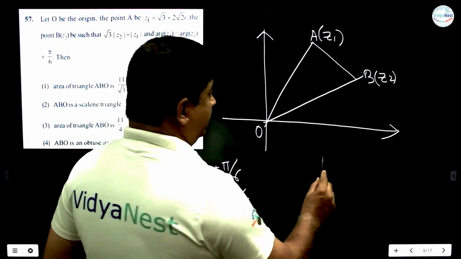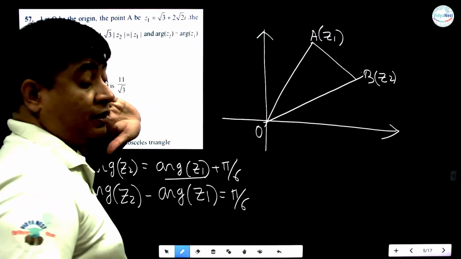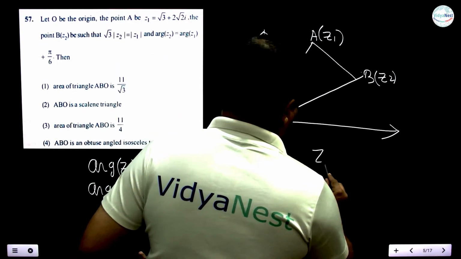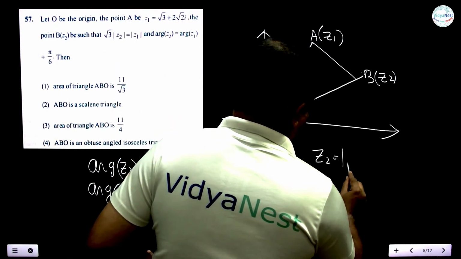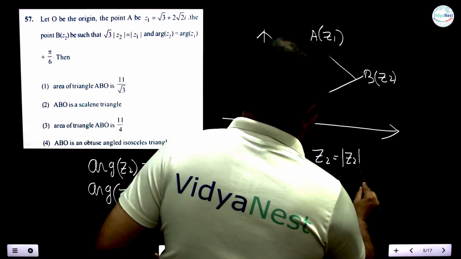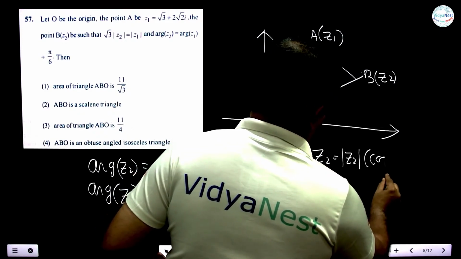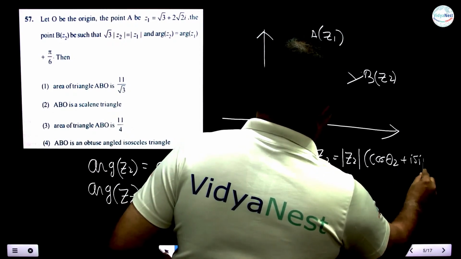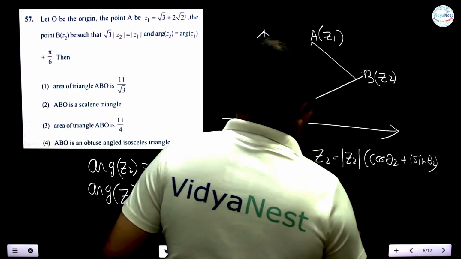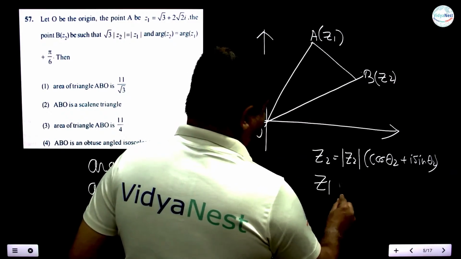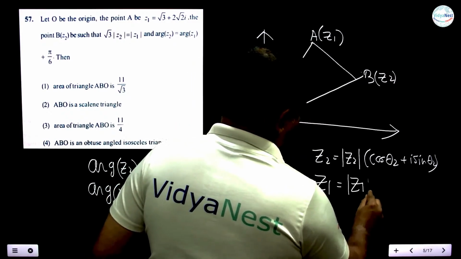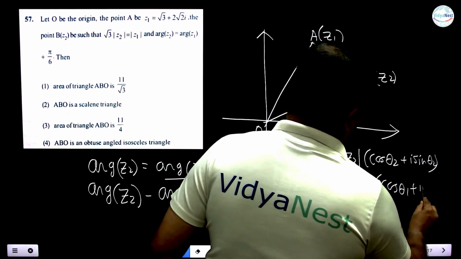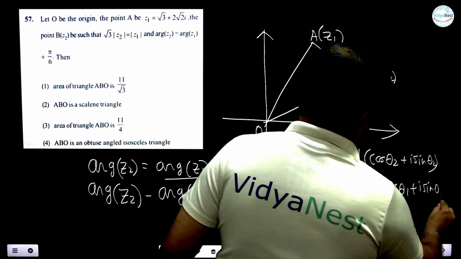If you write its polar form, see, Z2 is mod Z2 cos theta 2 plus i sin theta 2. Z1 is mod Z1 cos theta 1 plus i sin theta 1.